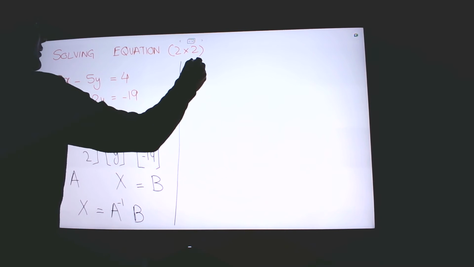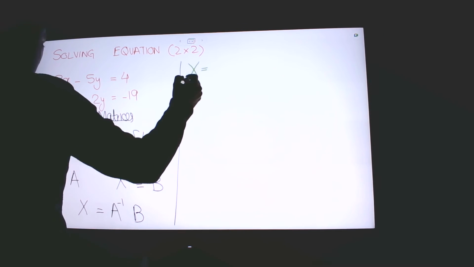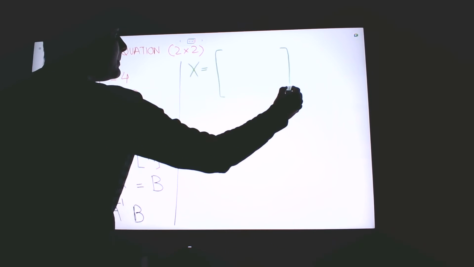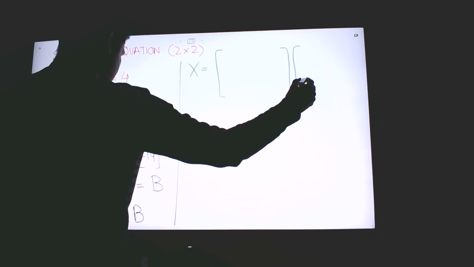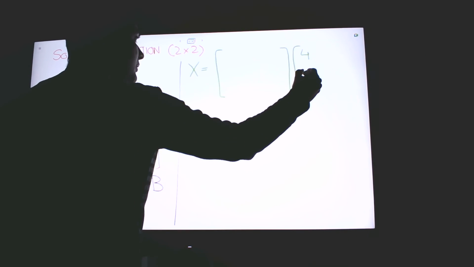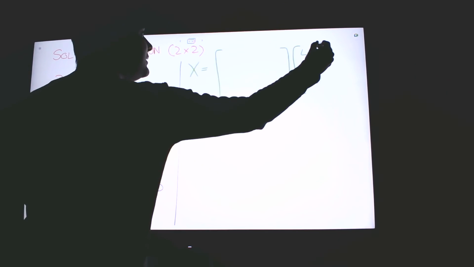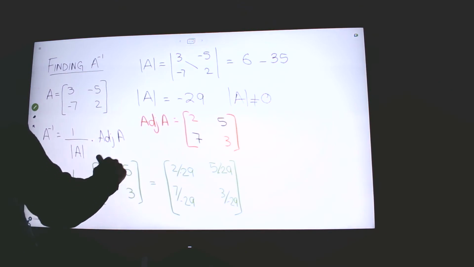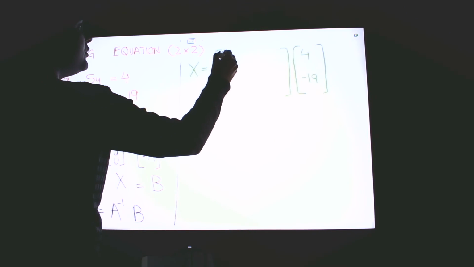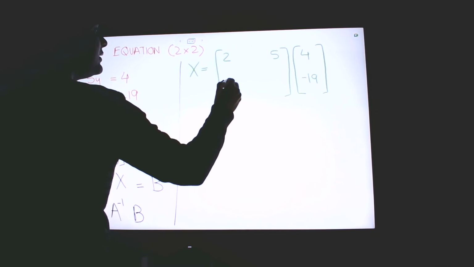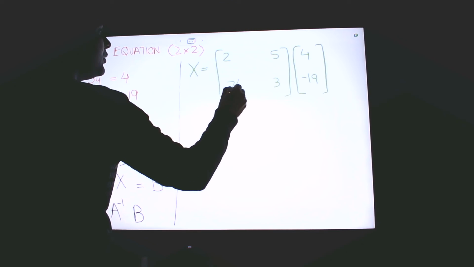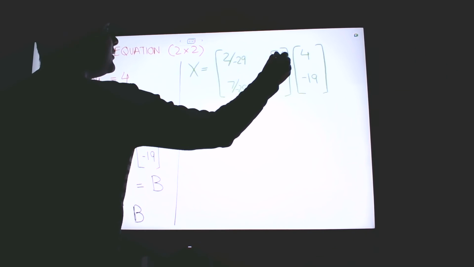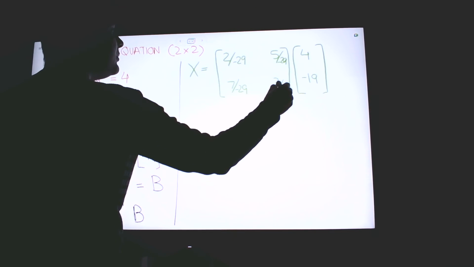So X equals A inverse B. B is 4, minus 19. The value of A inverse is 2, 5, 7, 3 over minus 29.